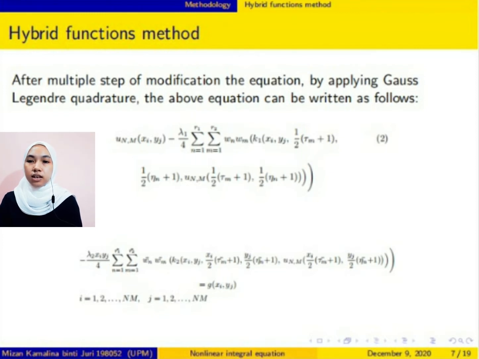After multiple steps of modification of the equation by applying Gauss-Legendre quadrature, the above equation can be written as follows. By using this method, the two-dimensional nonlinear Volterra-Fredholm integral equation is reduced to a nonlinear system of algebraic equations that can be solved using Newton iteration method.